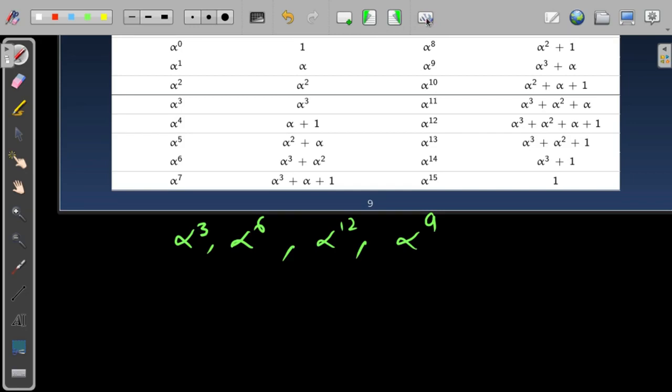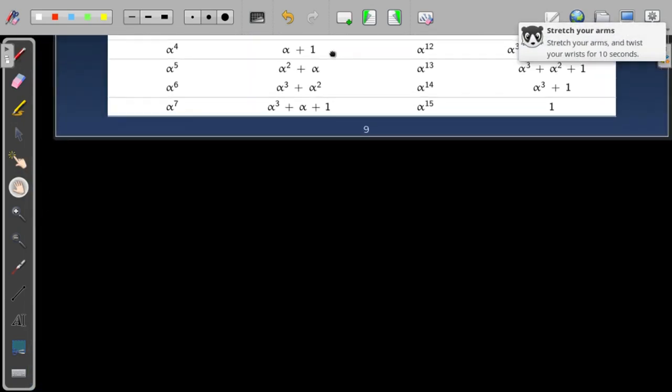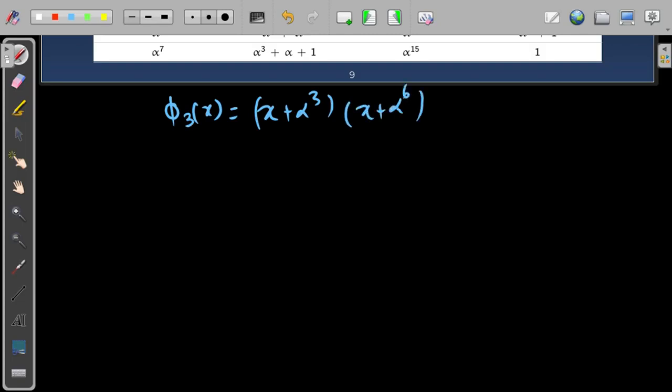So now our polynomial phi 3 of x is going to be x plus alpha cube, into x plus alpha to the power 6, x plus alpha to the power 9 and x plus alpha to the power 12. Let me multiply alpha cube and alpha 12, that will be much easier, and let me multiply these two together.